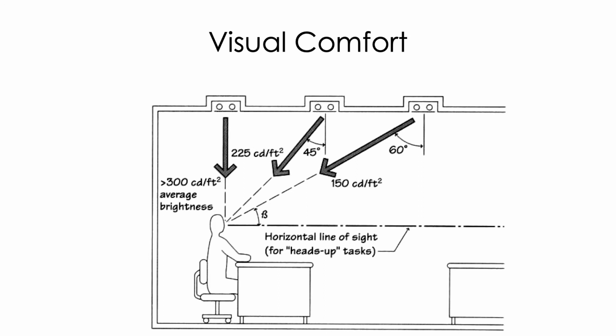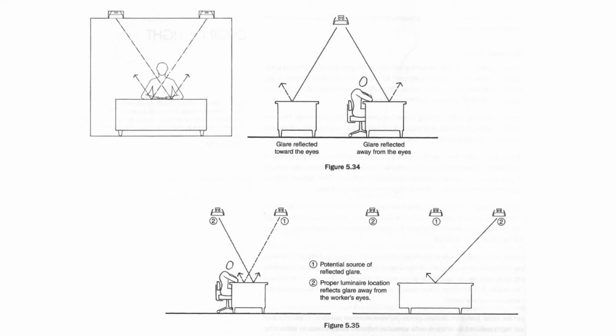And then you're going to want to think about the angles that people are working at. Now, fortunately, typical offices are going to have what are called heads-up tasks or heads-down tasks, where you're just kind of working at your desk. So the lighting can be controlled. The angles get worse when people stand up, as you might imagine. But fortunately, in an office, nobody's allowed to stand up.